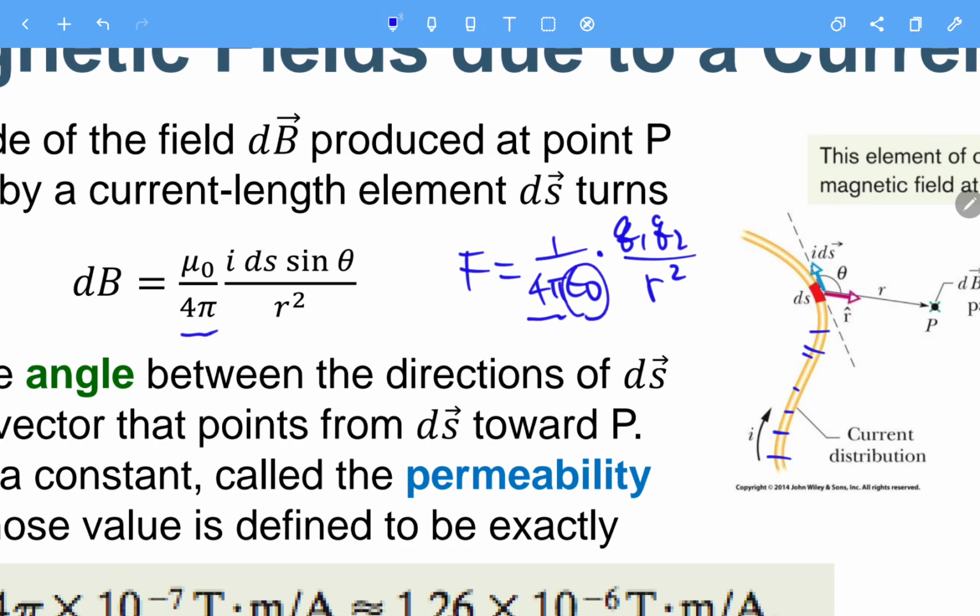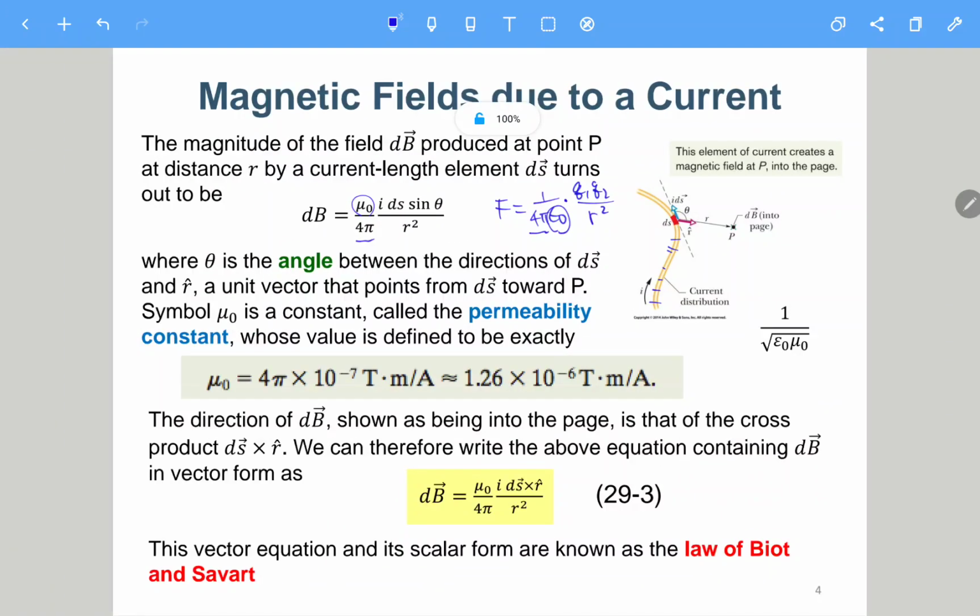We have epsilon naught in the denominator. We have mu naught in the numerator. We have something multiplied together. Of course this is just a simple multiplication, but this will look like a cross product. We also have R squared here. So yeah, it is somehow like that.